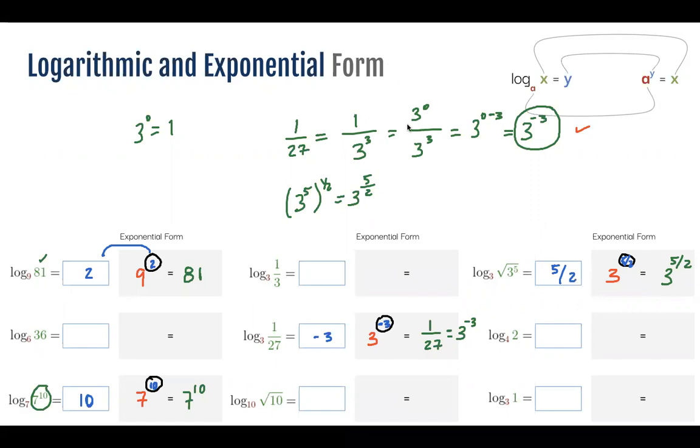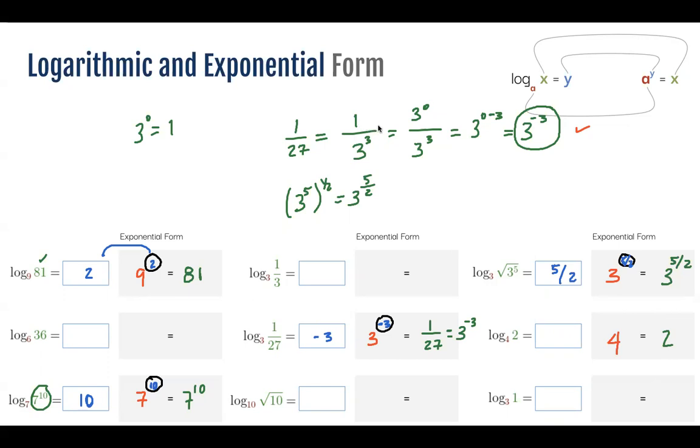Now, what do we do on this one where we have a base 4? We want to get a 2. So how do we get a 4 to turn into 2?